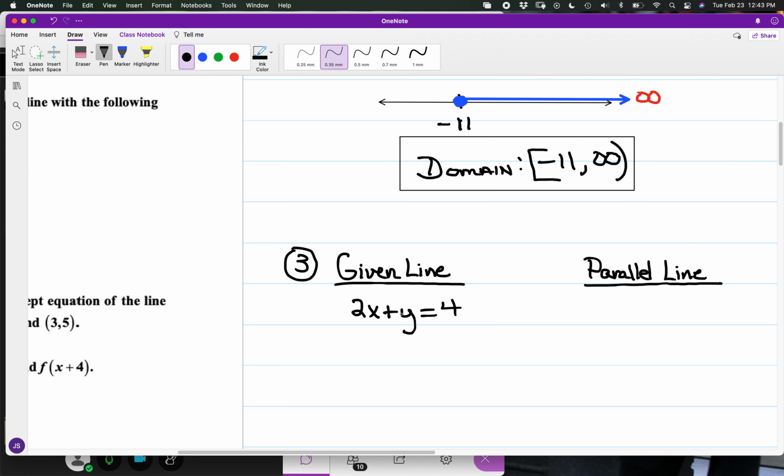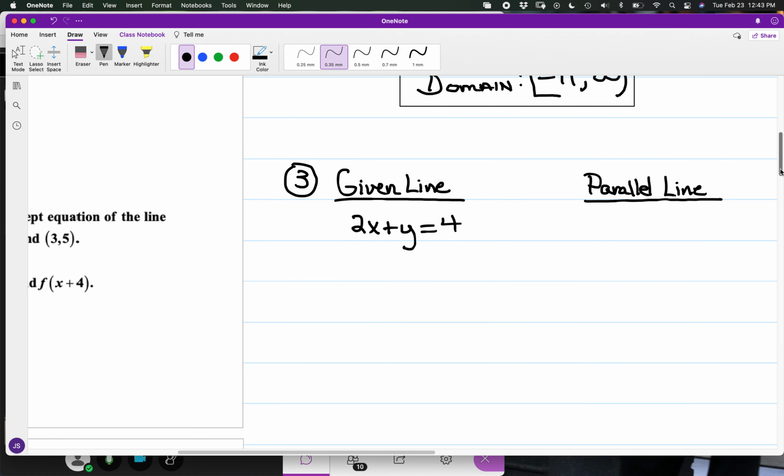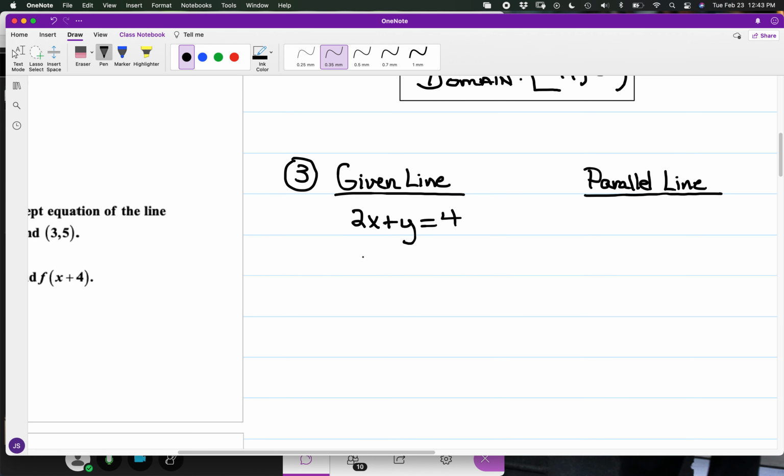Now, in configuring the slope, I'll be putting the equation of this line in slope-intercept form, to get it in the form y is equal to mx plus b. If I isolate the y term, taking 2x away from both sides, we have that y is equal to negative 2x plus 4.